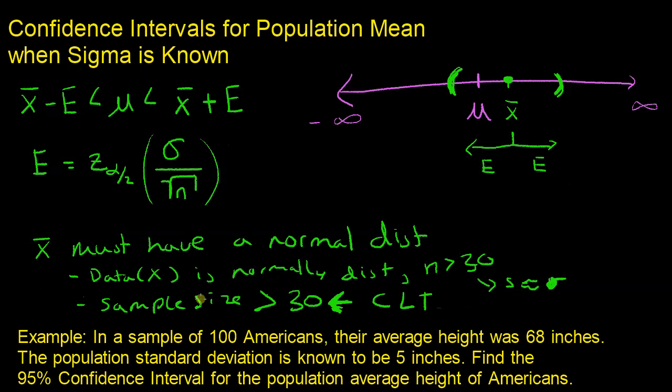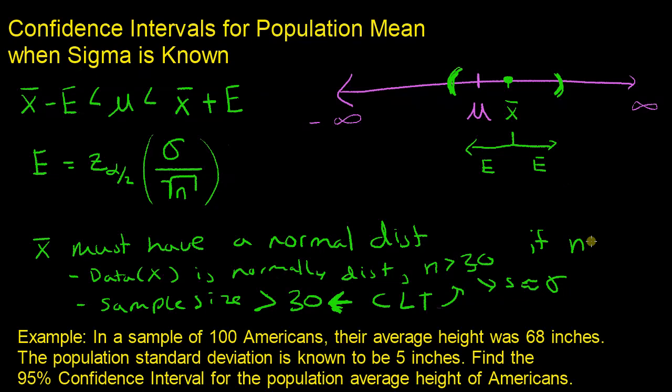The same goes if the data is not normally distributed and n is greater than 30: you can use the sample standard deviation to approximate sigma.